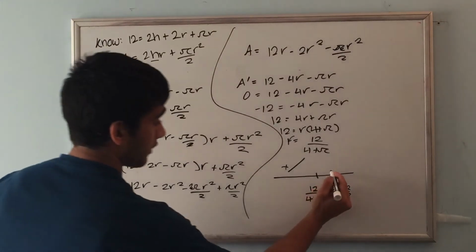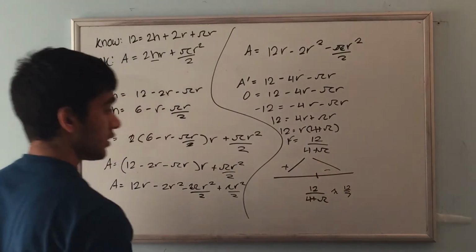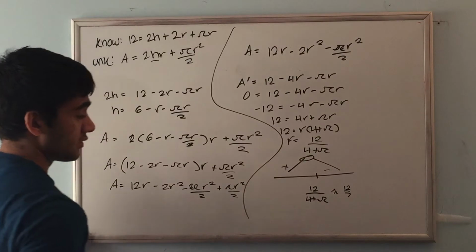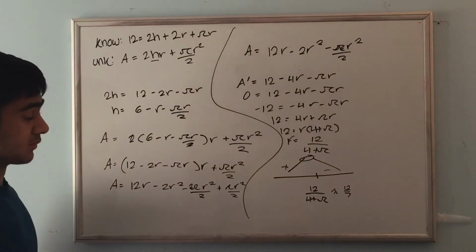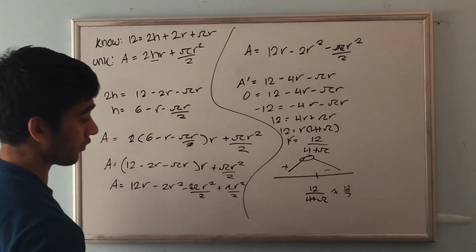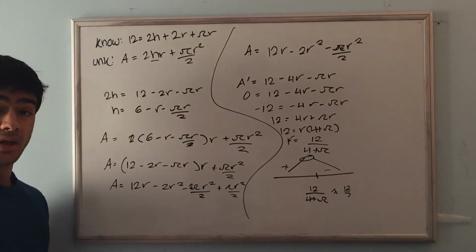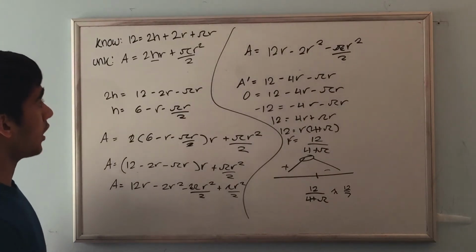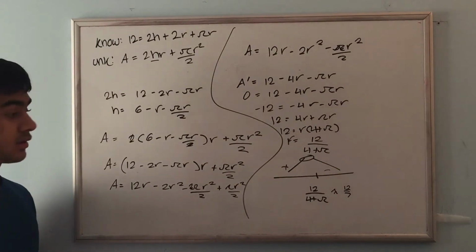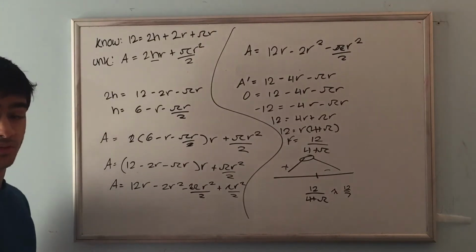So this will be negative, so we have a down sloping line. Notice that it makes a peak, so that is indeed a maximum. So the dimension r equals 12 over 4 plus pi would actually be the radius that would give us a maximum for the area.